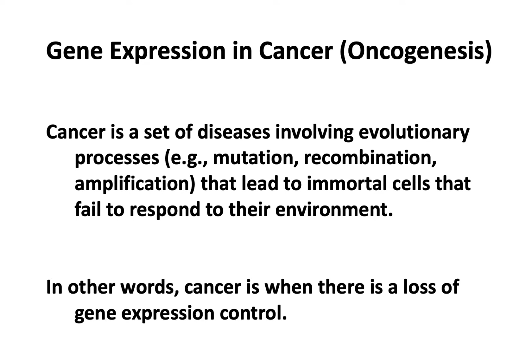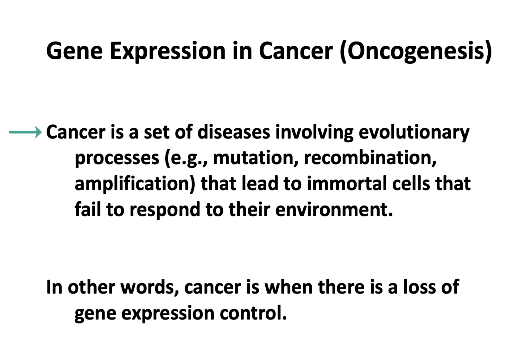So gene expression in cancer, called oncogenesis, often involving oncogenes, is a set of diseases, not just a single disease, but most of them involve evolutionary processes that lead to these changes, including mutation, recombination, and amplification.